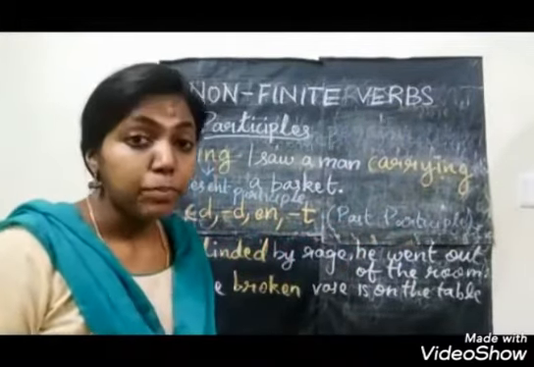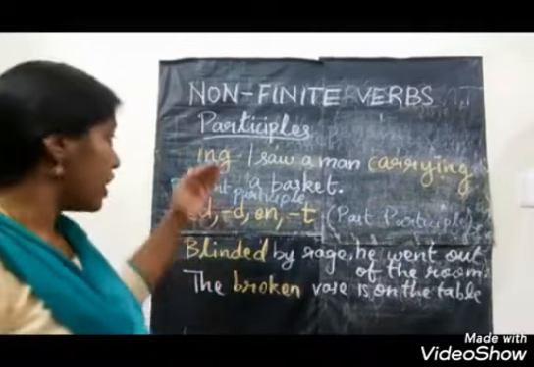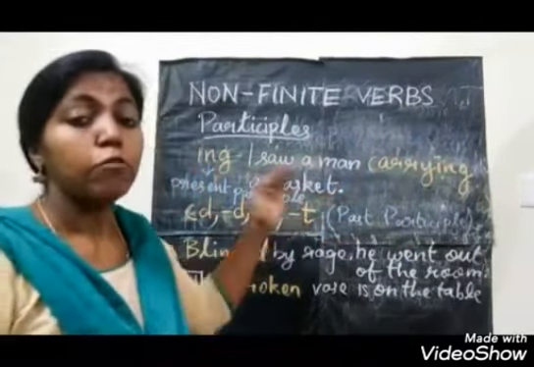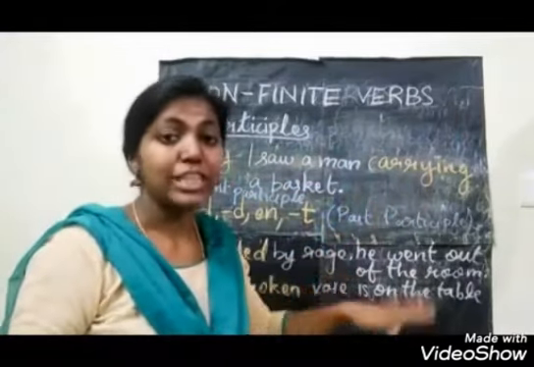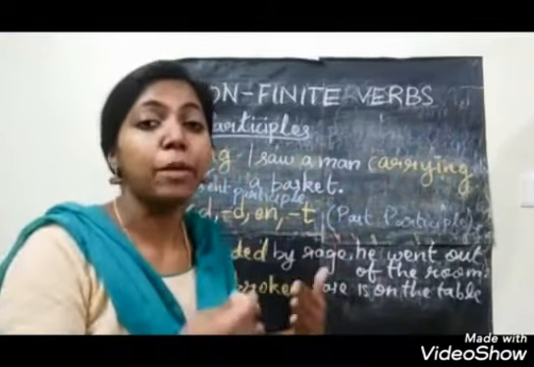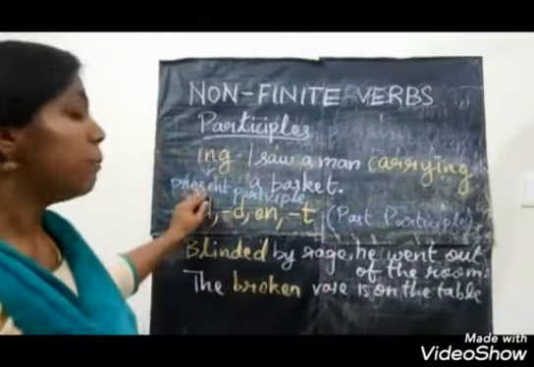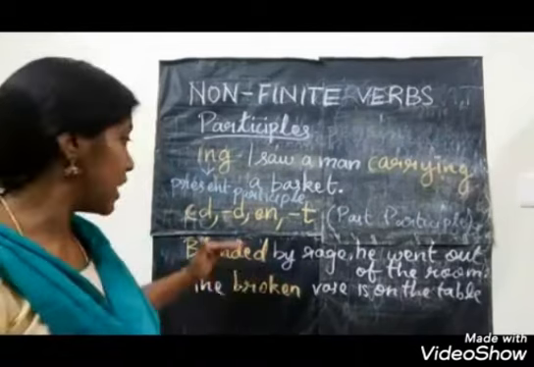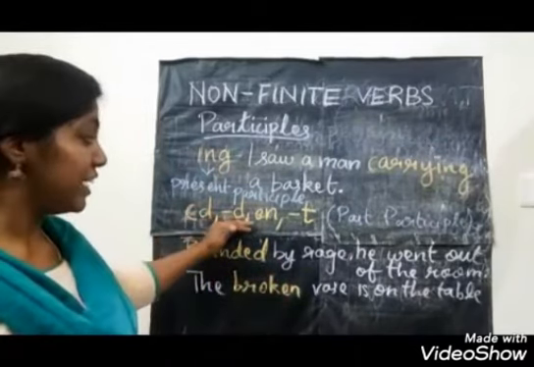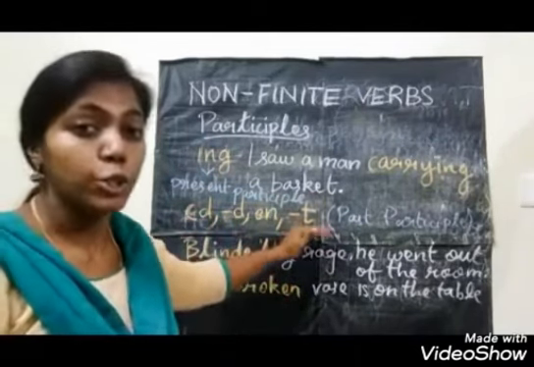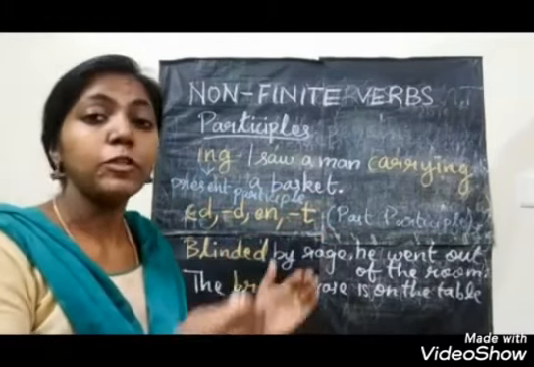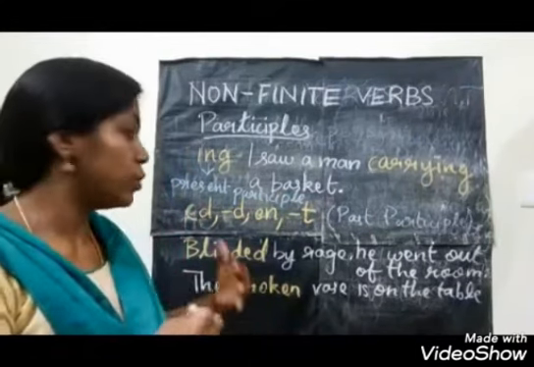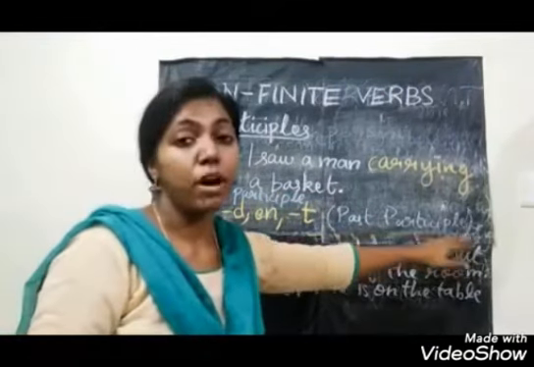The participles that end with ing, verb plus ing, which refer to the action that is going on or incomplete, are known as present participle. And the participles that end with ed, d, en or t, that refer to the action that is already completed, are known as past participle.